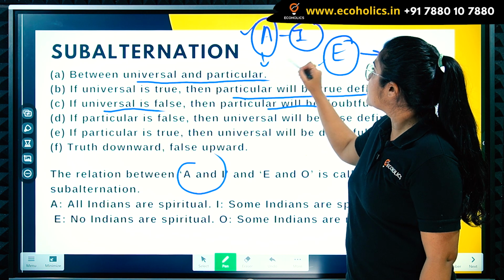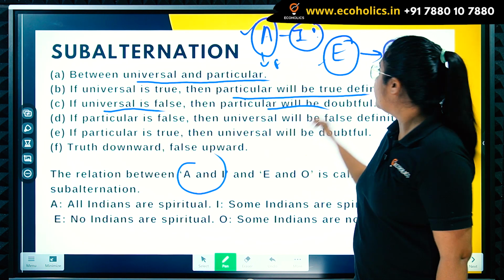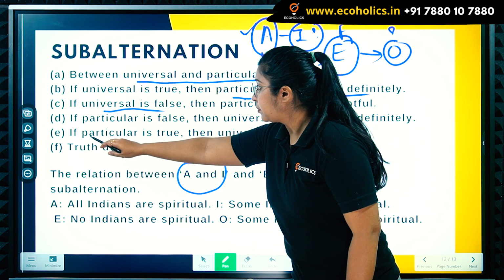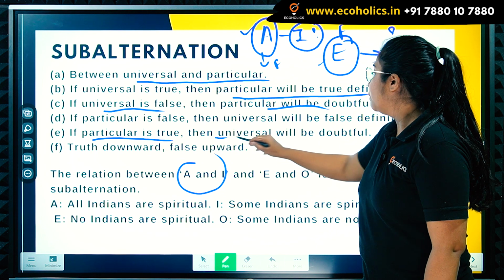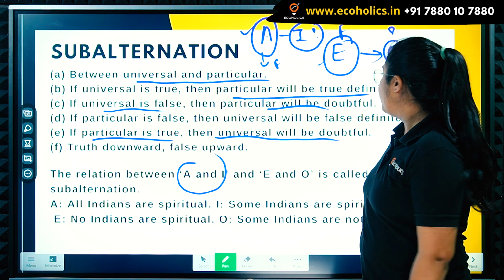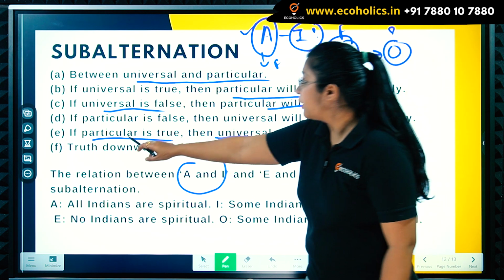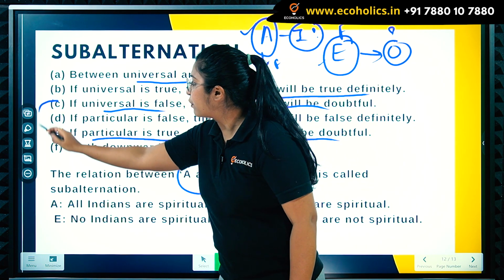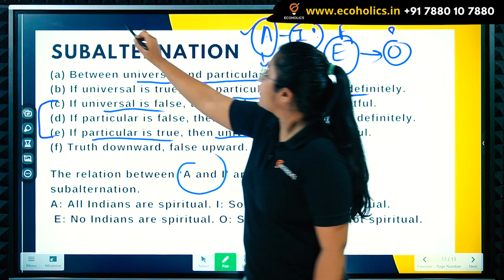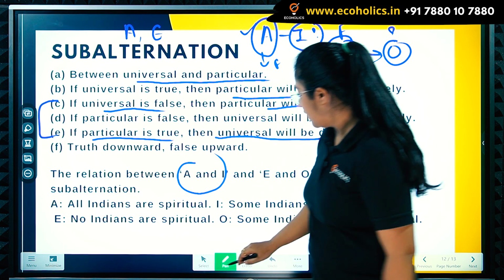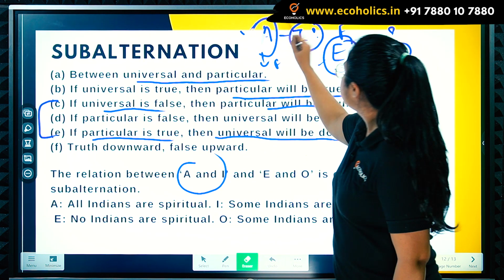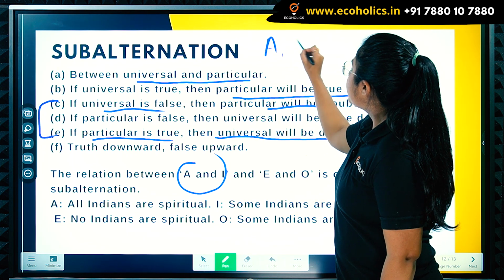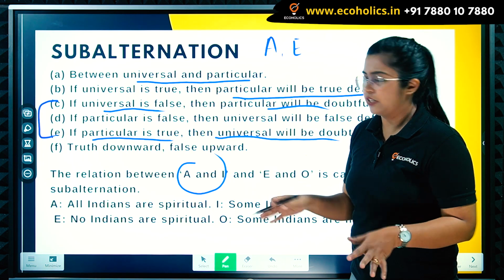So if this is false, then this is going to be doubtful. If this is false, then this is going to be doubtful. If particular is true, then universal will also be doubtful. So you have two types of doubtful statements over here. I'll write it here so that it's a little bit visible. A and E type of statements are universally positive and negative statements, universal statements.